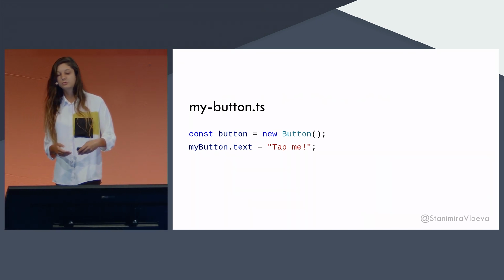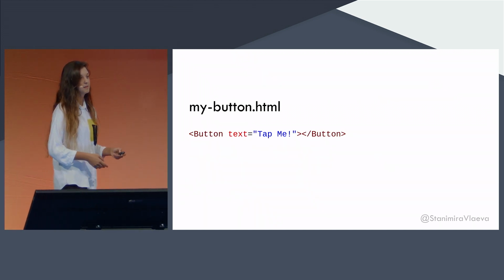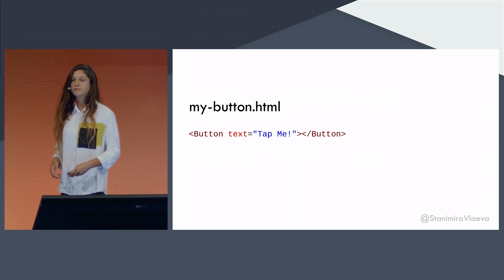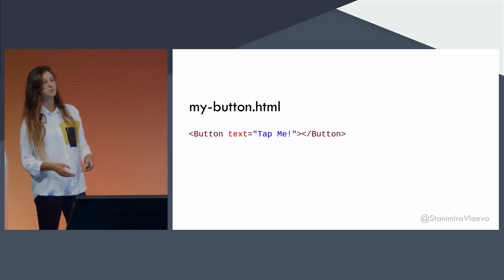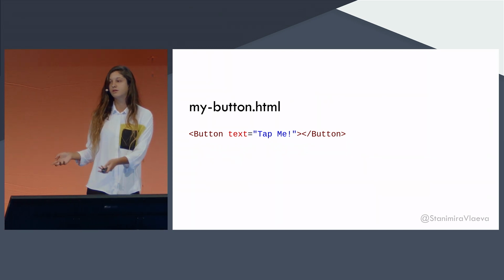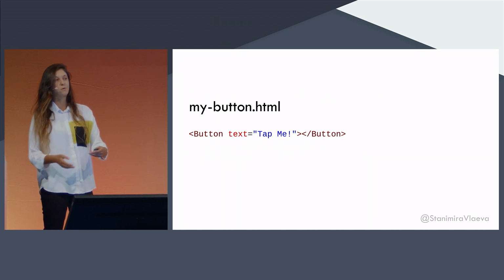Actually, the usual way to create user interface in NativeScript is by using XML. And don't get confused by the HTML extension. This is the extension that we use when we are building NativeScript Angular apps, because it is kind of similar and familiar for the web developers that come from the Angular world.